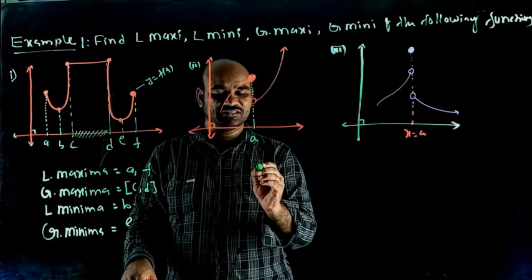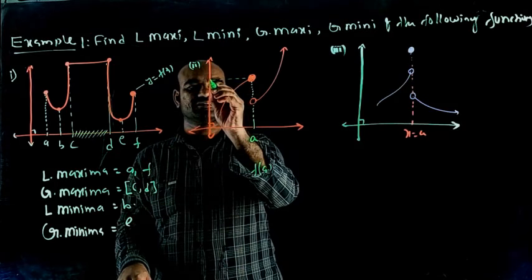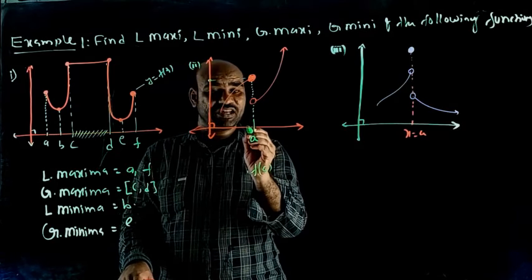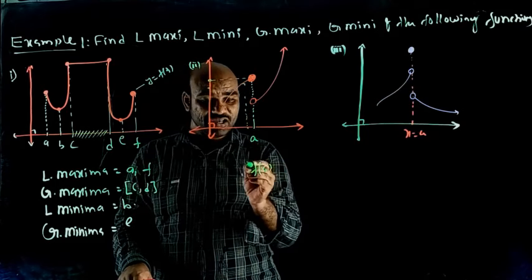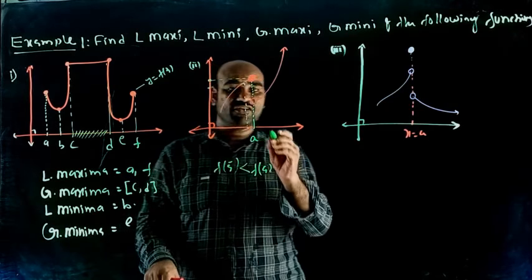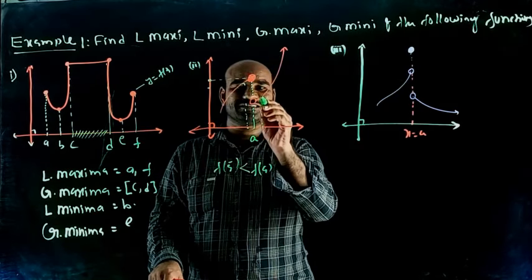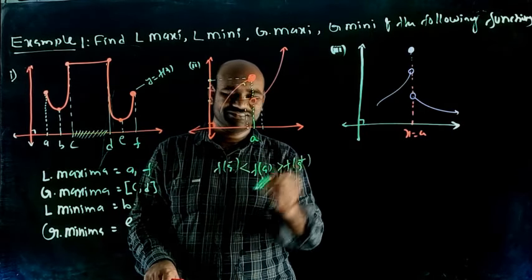See example 2, an interesting one. f of A is here. f of A minus is here, which means f of A is greater than f of A minus. f of A plus is here. So f of A is greater than f of A plus. Understood?